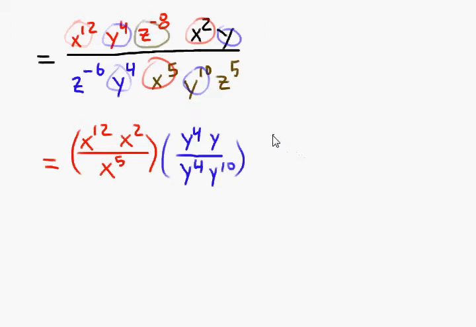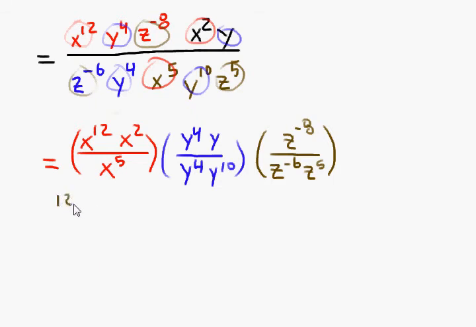Z to the minus 8 is our numerator, and we have z to the minus 6, z to the 5th in the denominator. Now we can go ahead and we can figure this out, but this is a lot going on here, so maybe we should do a little bit of scratch work.